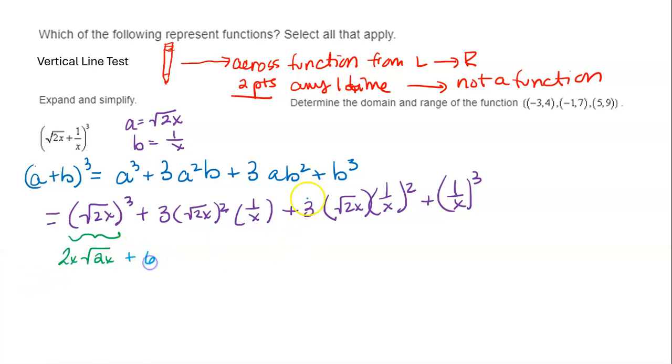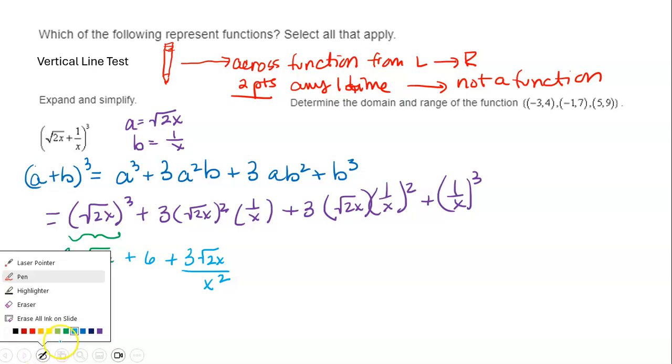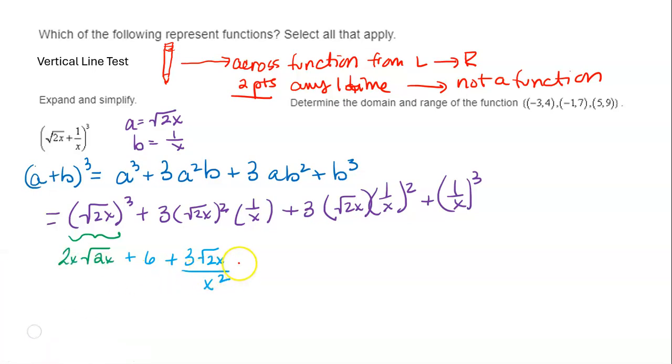Let's get that pen back. Plus 6. And then we have this one where I have 3 times the square root of 2 over x squared. That's as far as that's going to go. So plus 3 square root of 2 over x squared. And then lastly we have, let me pick a different color here, maybe red, plus 1 over x cubed. That's all we've got.